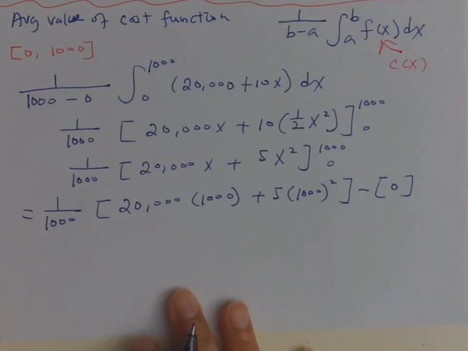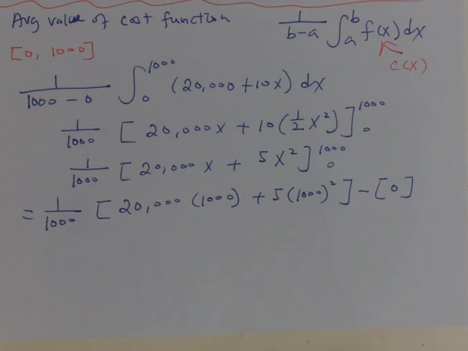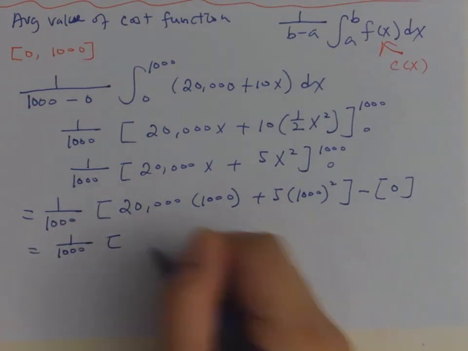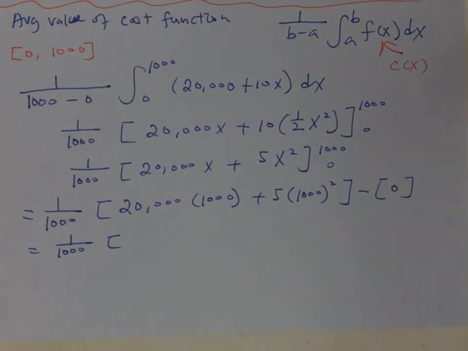Okay, now this is 1 over 1,000. This is a big number, so let's see. 20,000 times 1,000 plus 5 times 1,000 squared.